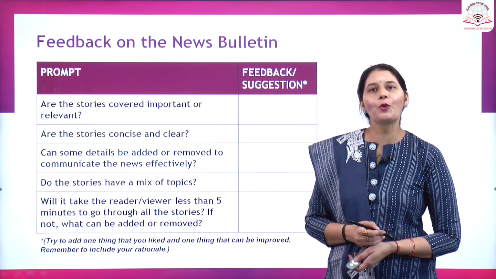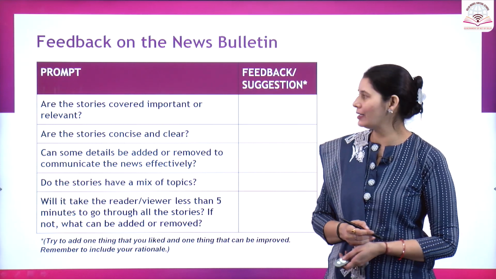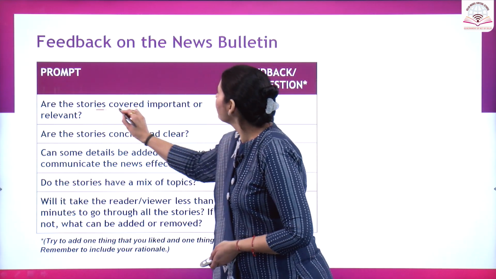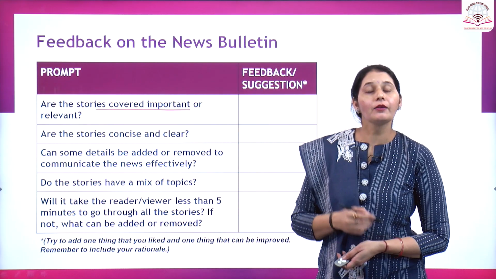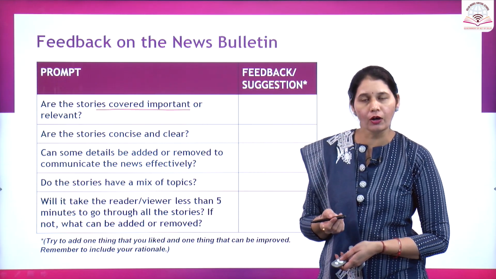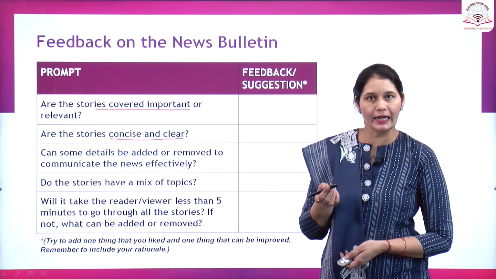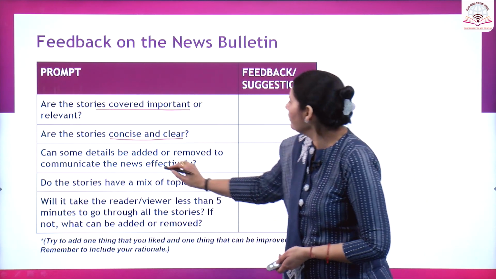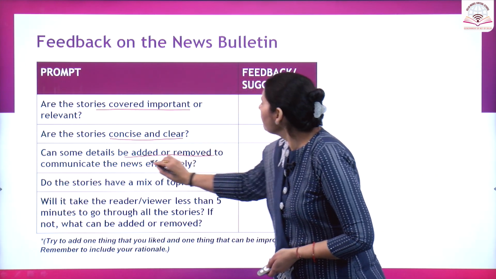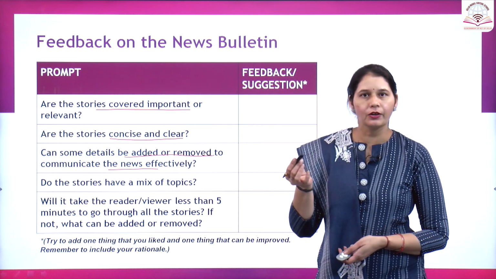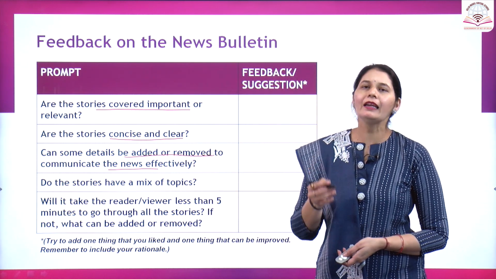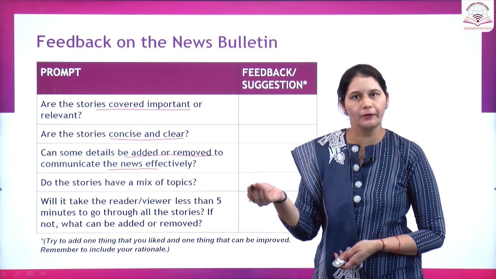So the different points that you have to look into are, first of all, whether the stories covered are important or not. Then, are the stories concise and clear? Then, can I add or remove something to present my news more effectively?